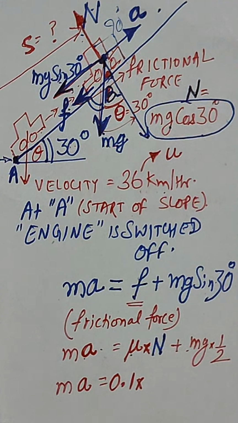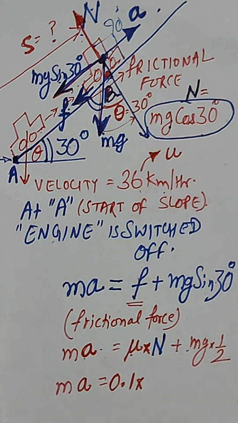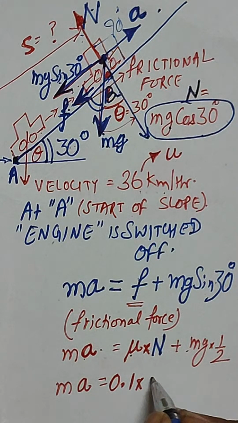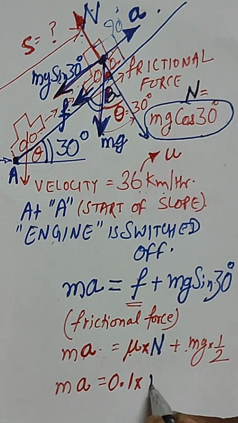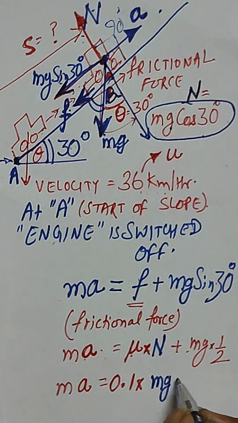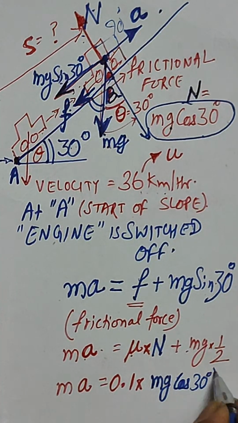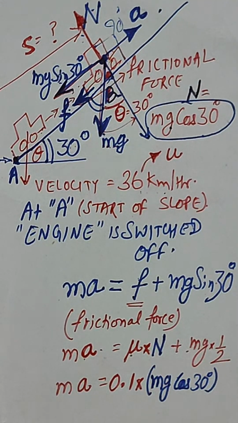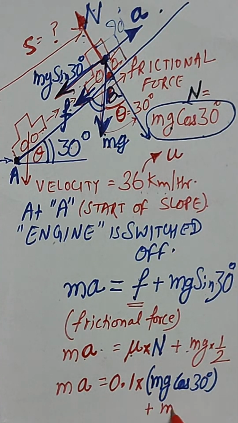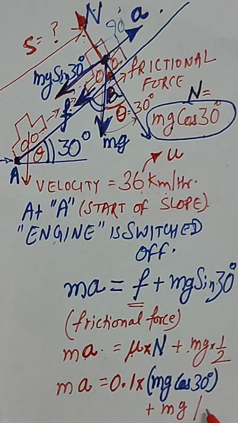Now just put up the value: mg cos 30 degree, right, plus mg by 2.